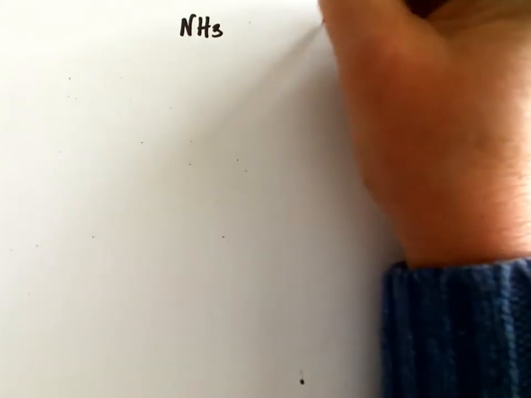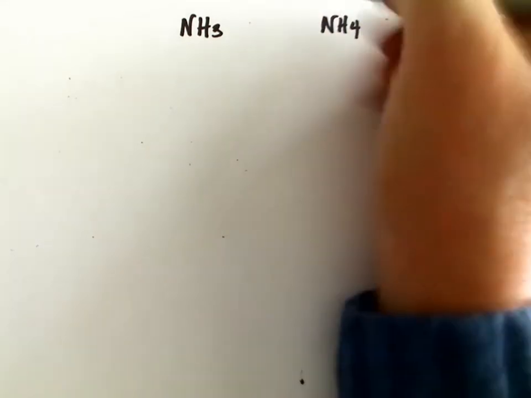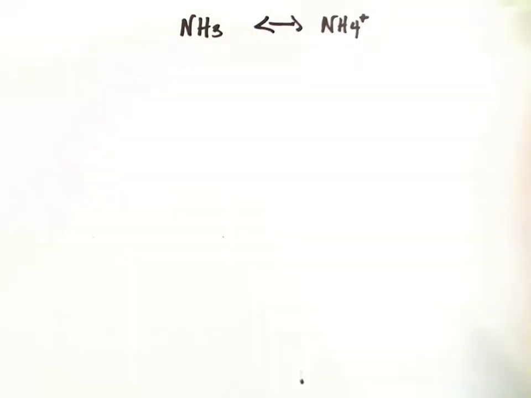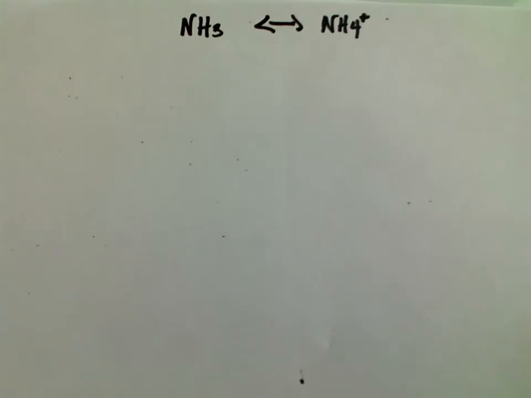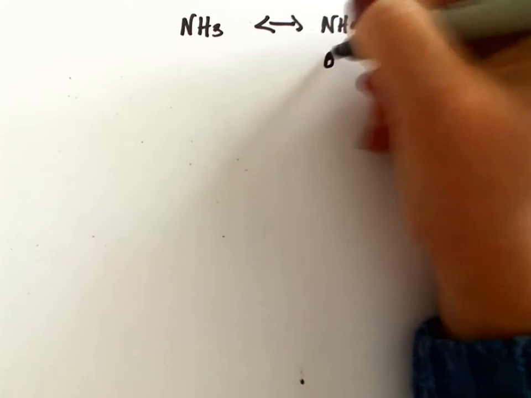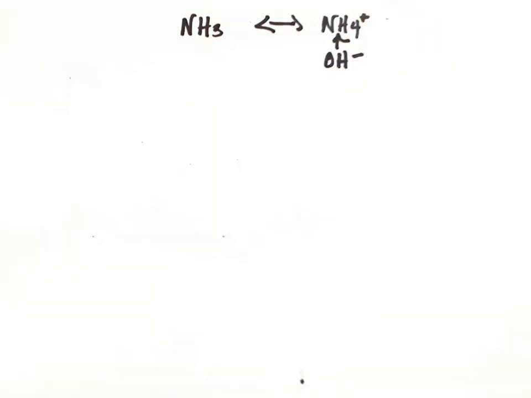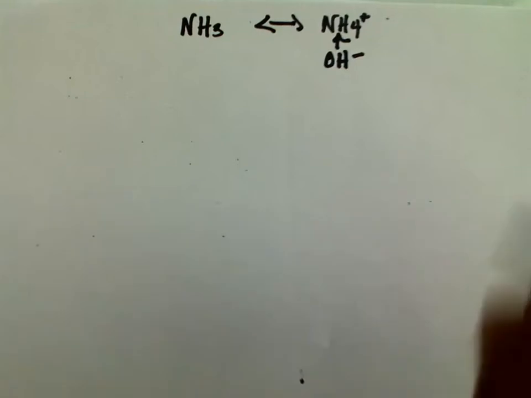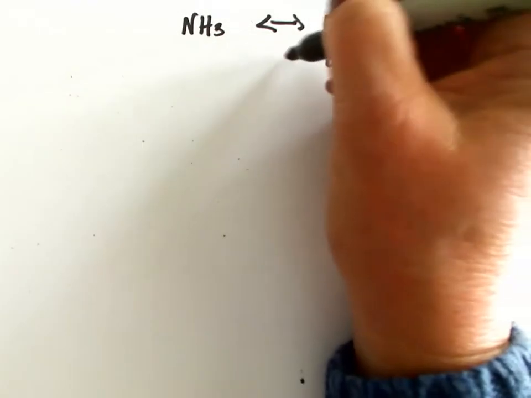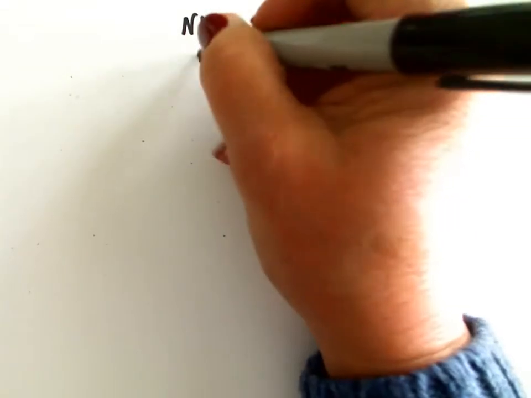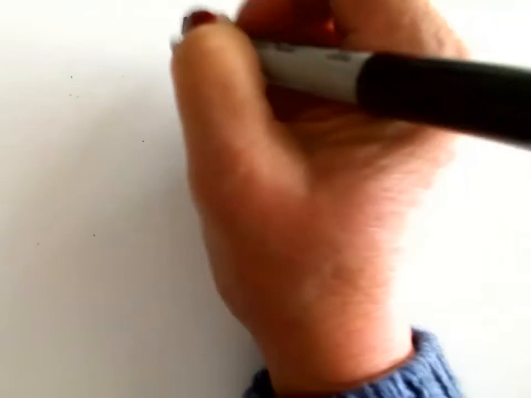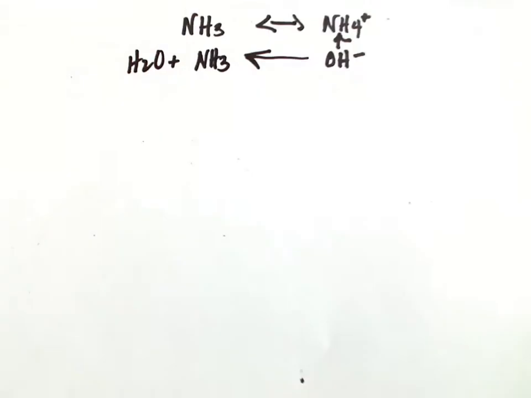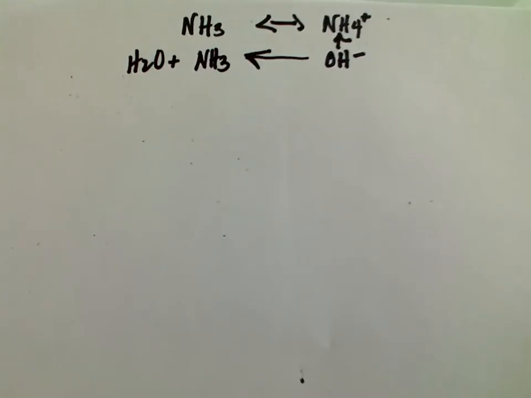So we have ammonia in this buffer, and we have the ammonium ion in this buffer, and they are in equilibrium. So when I add hydroxide ion to this solution, it will be neutralized by the weak acid. And we will get more ammonia and water as a product there.